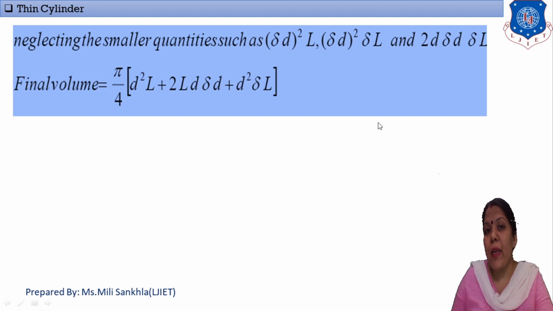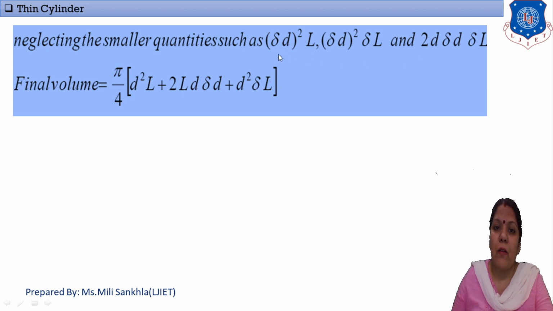Simply, if we square a decimal value, the value decreases. Here del d and del L are small dimensions in a thin cylinder. If we square or cube these smaller values, they decrease further. So for derivation purposes we can neglect these smaller terms.